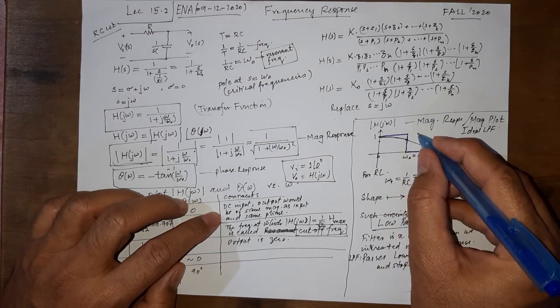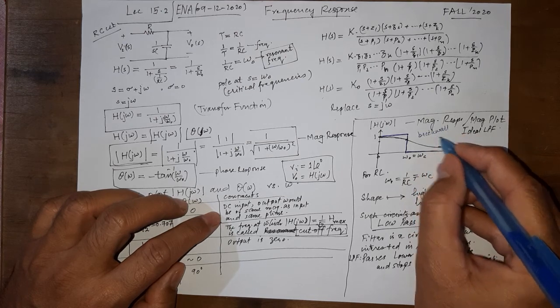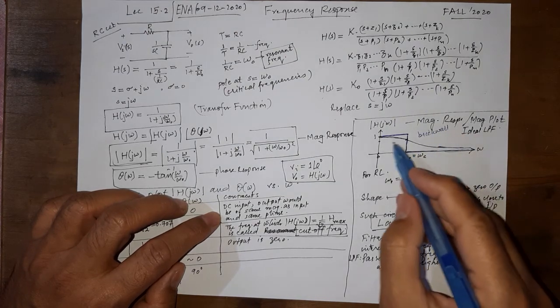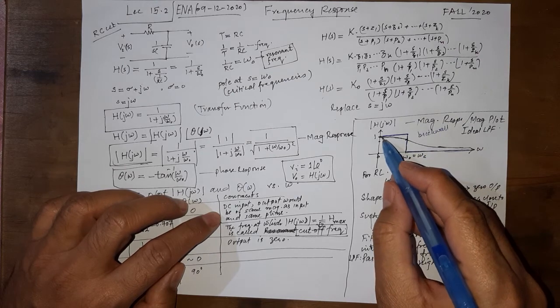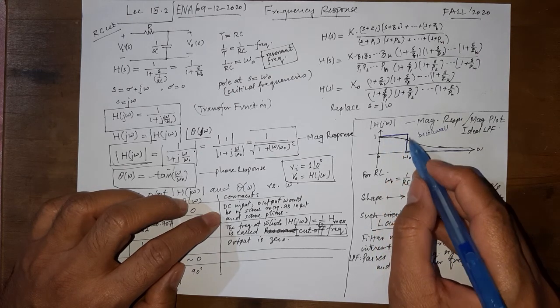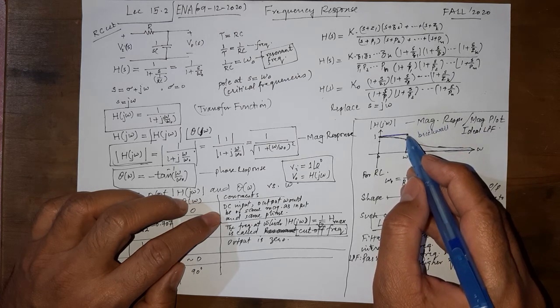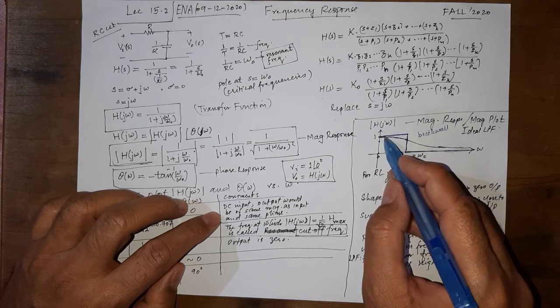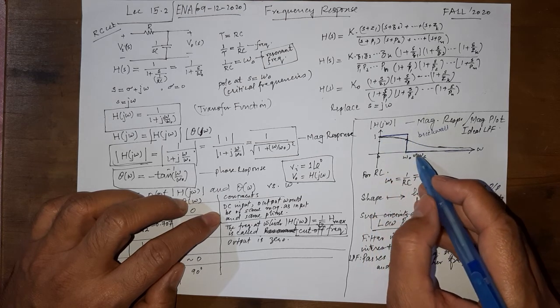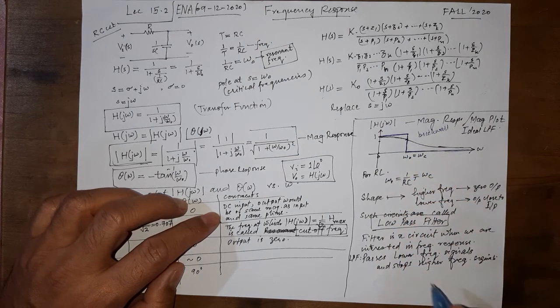So this is called the brick wall response of filters, because it is like a sudden jump here. And this cutoff frequency is that frequency for an ideal low pass filter below which it passes the input to the output, and above that frequency it stops that, so the output is 0.